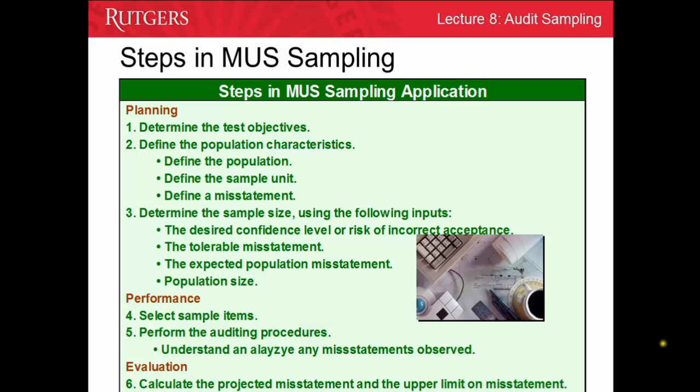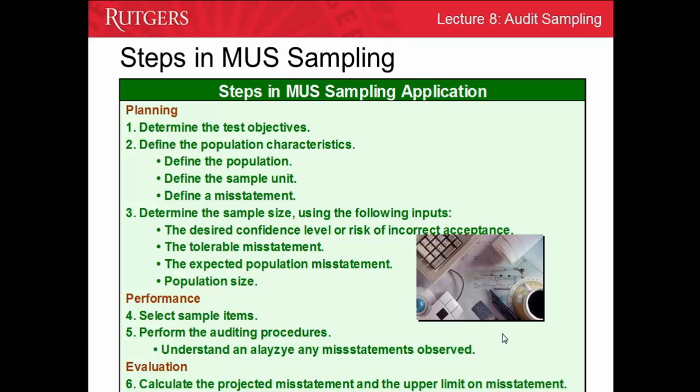Then let's see how to apply MUS sampling in the substantive test of account balances. So this table lists the steps that we usually use to do the MUS sampling.